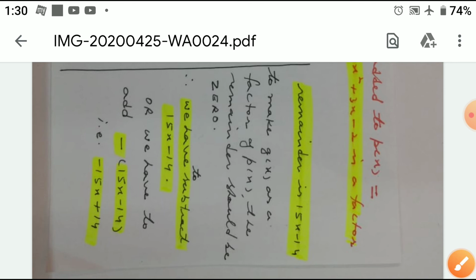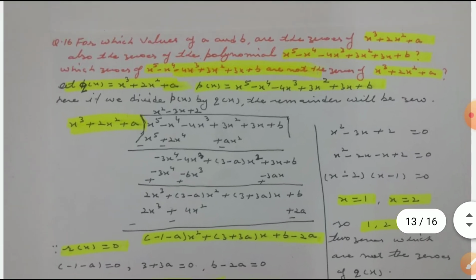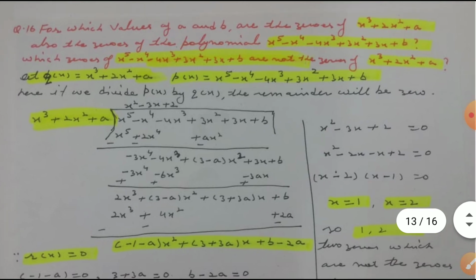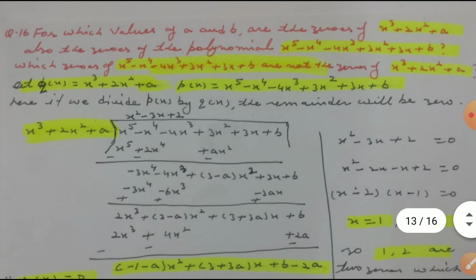Okay, now see the next question, number 16. For which value of a and b are the zeros of x cube plus 2x square plus a also the zeros of the polynomial x^5 minus x^4 minus 4x cube plus 3x square plus 3x plus b? Now which zeros of this are not the zeros of this? It is a slightly lengthy question.